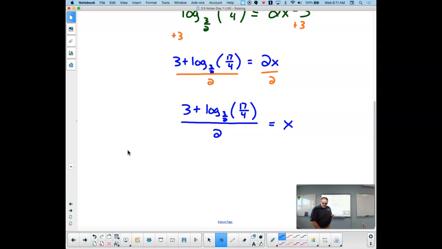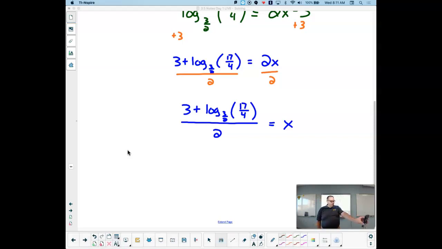However, if we're using just a regular old TI-30 type of calculator, we can still do it. We'd have to run the change of base formula on the log part.